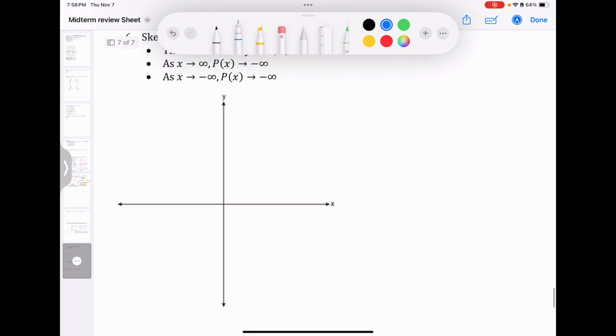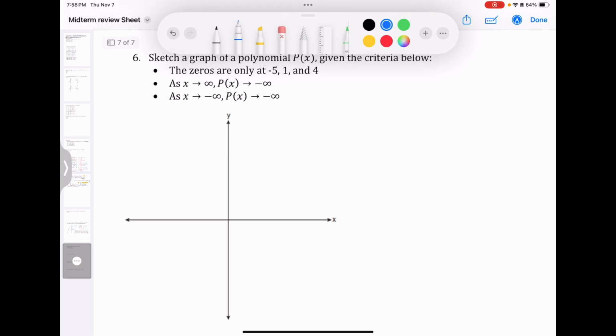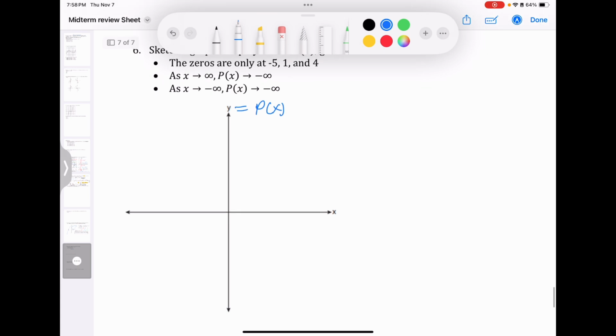So what I want to do is I first want to label my axes. In this case, y is the same thing as saying p of x, and x is x. So on your exam, you can label it as well. On this side, x approaches infinity on the right side. On the left side, x approaches -infinity.